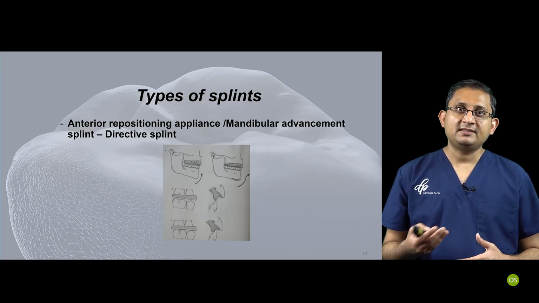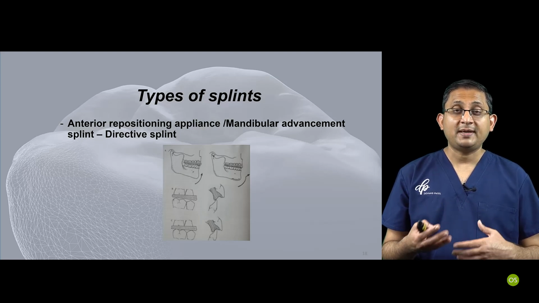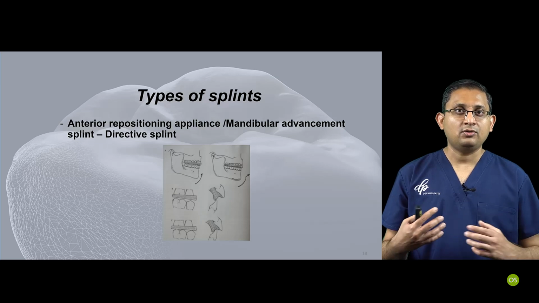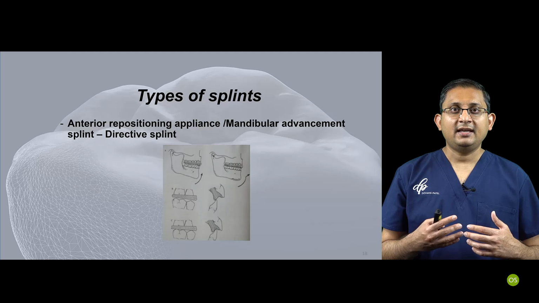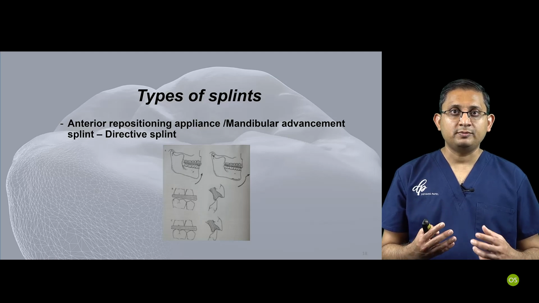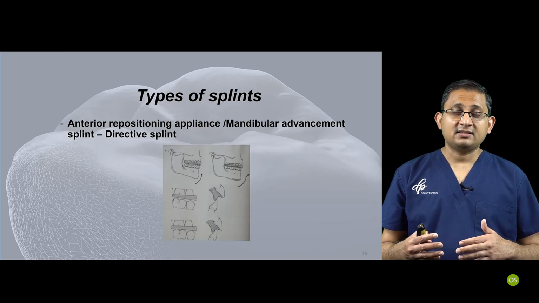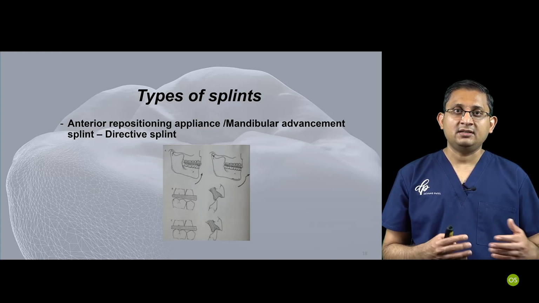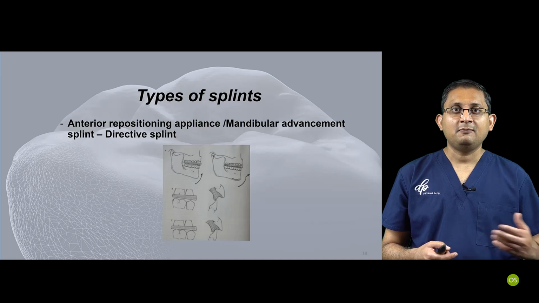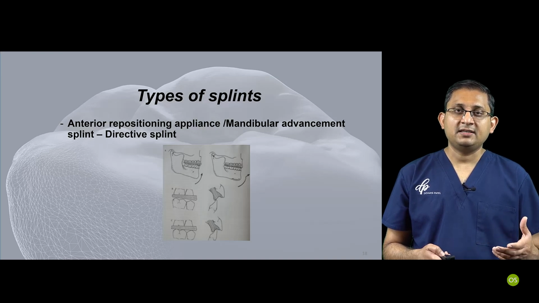So permissive splints allow the patient to move their jaw in all the directions they can move. So it doesn't really inhibit them from jaw movement. It may direct or guide them, but it still allows them free movement in the way they want to. And that's why the Michigan splint is a permissive splint, or a flat occlusal splint is a permissive splint.